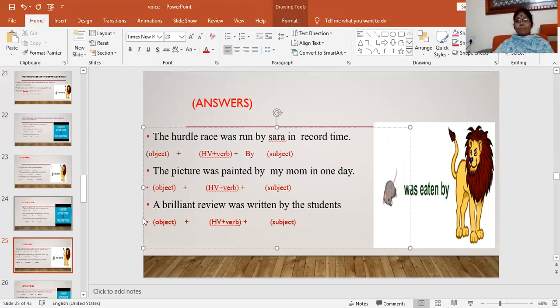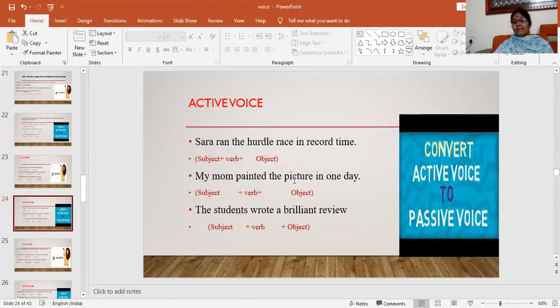Next one. My mom painted the picture in one day. Now we are going to complex sentences. How do we have to change? My mom painted the picture in one day. Now identify. My mom is your subject, painted is your verb, and picture is your object. Now change it.